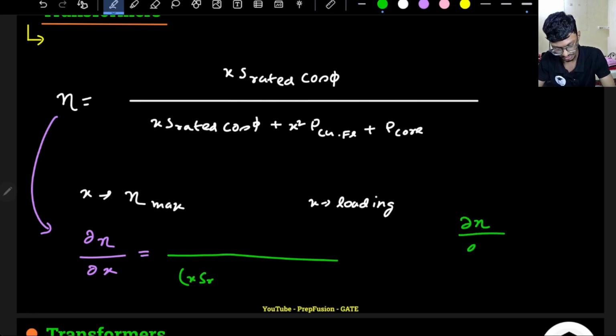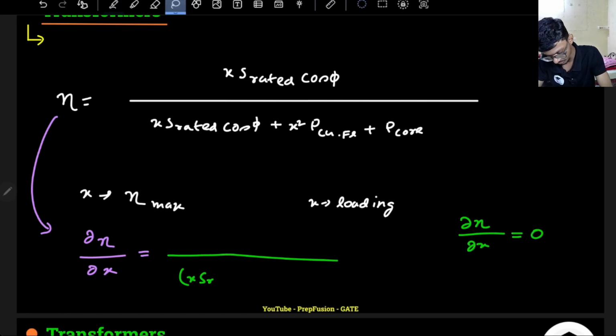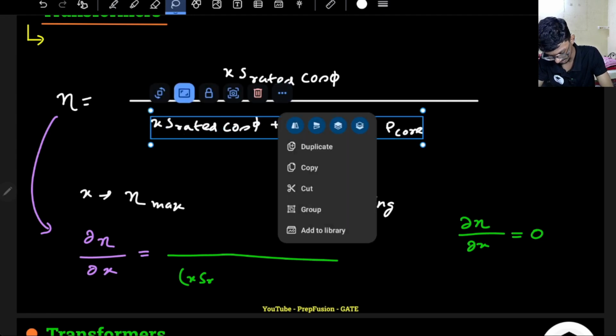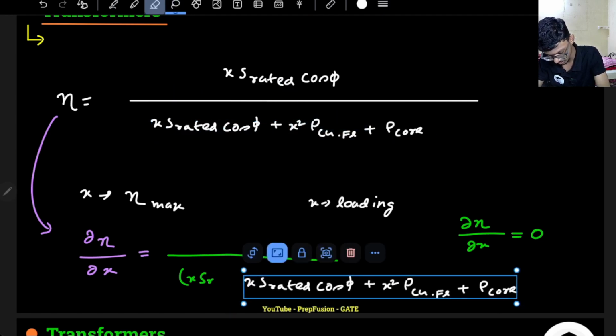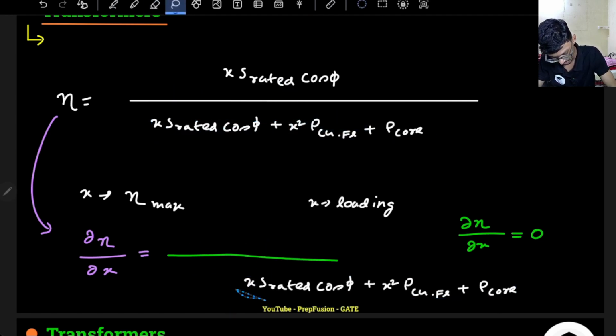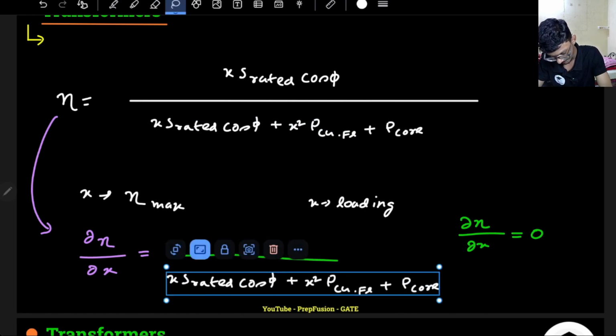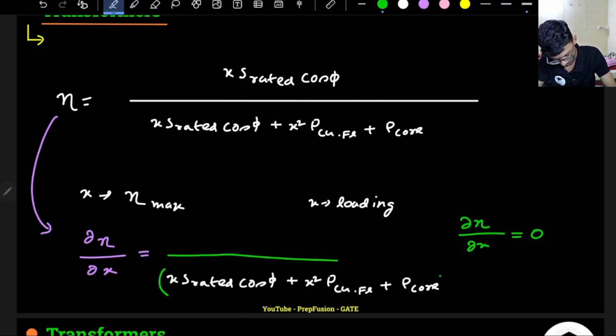I have to differentiate that function with respect to the variable and make it 0. The bottom denominator will be squared anyway, which does not matter because ultimately it goes to the right hand side and gets multiplied with 0. So it will be 0 anyways, but still let's write it.